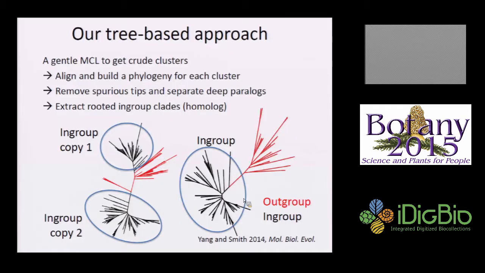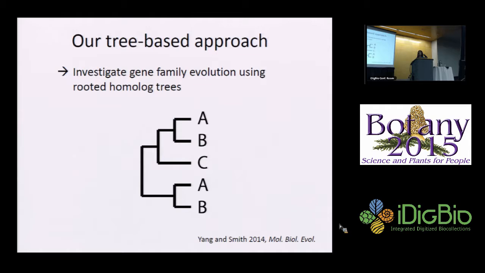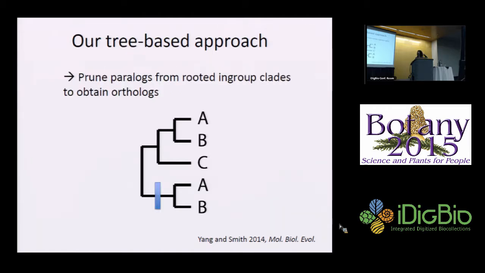We realign and make trees again to optimize alignments and trees. And then we extract rooted in-group clades that are separated by outgroups. Therefore, we get these rooted homologs that by themselves can be used for various analyses of gene family evolution. We can also go ahead and prune orthologs from paralogs.